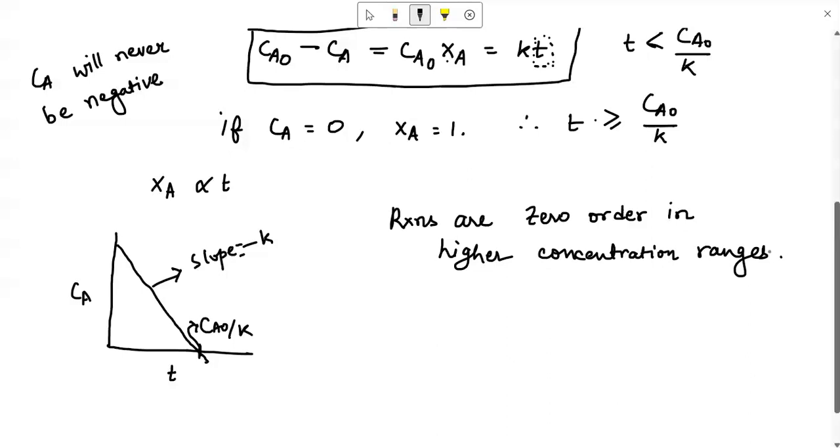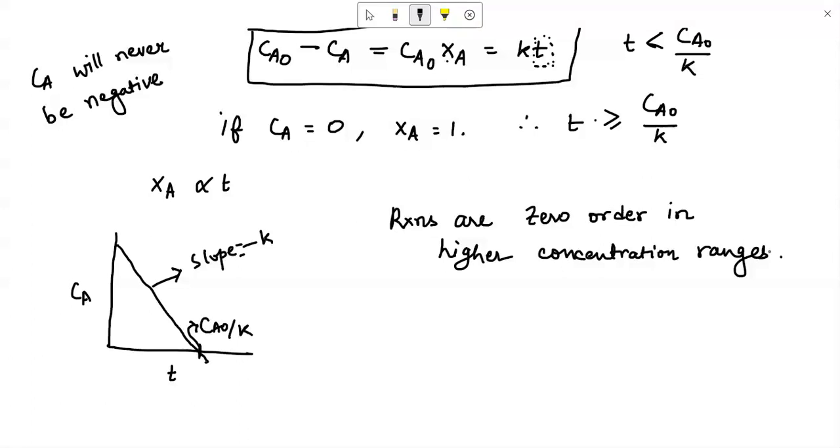We have already told that zero order means the rate of reaction is independent of the concentration term. So when can the rate be independent of the concentration term? When there is so much concentration that we do not have to worry about the depletion, right? So generally reactions are found to be of zero order at higher concentration ranges.